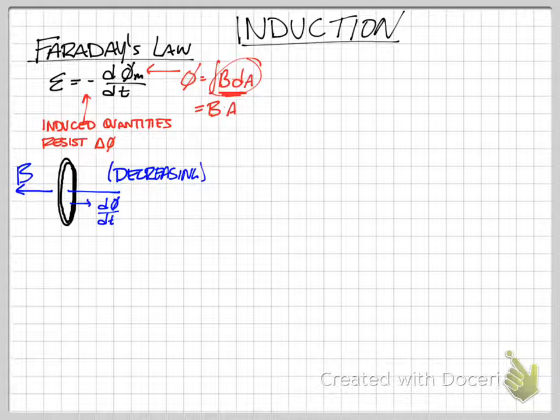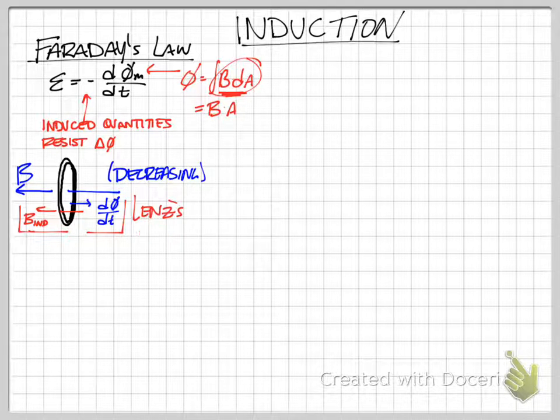And that's why we can say that the induced magnetic field from the current in there is going to be in the opposite direction of this change in flux. It's this little interaction in here that we call Lenz's law.